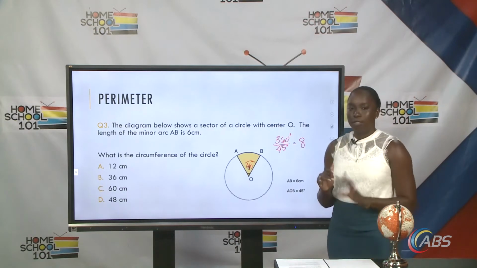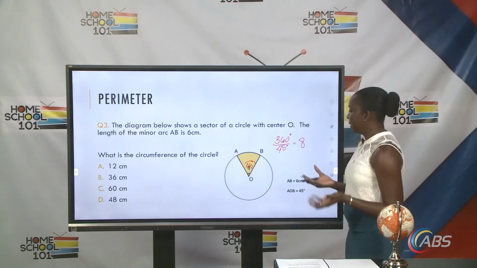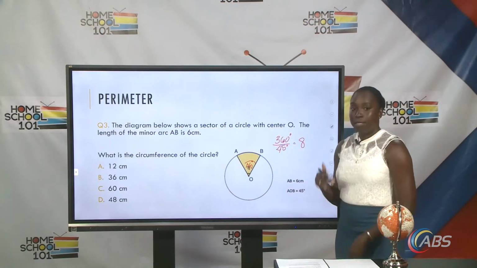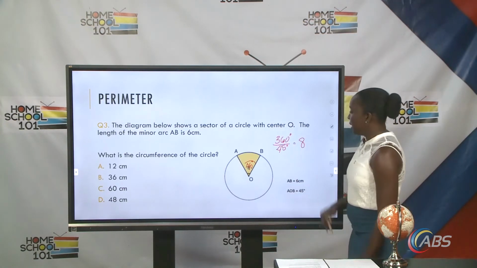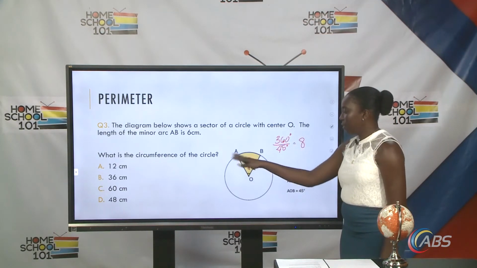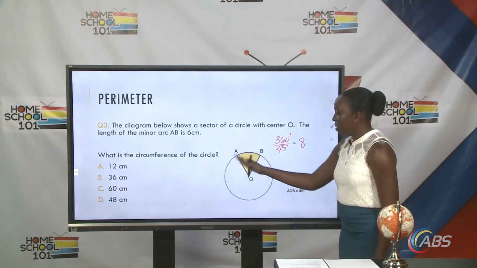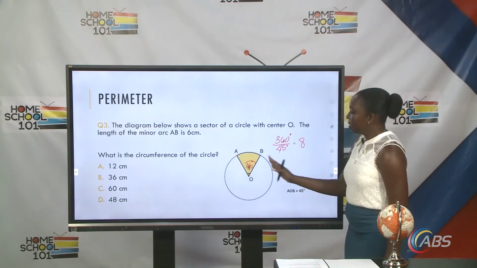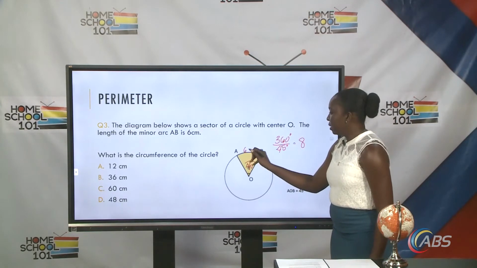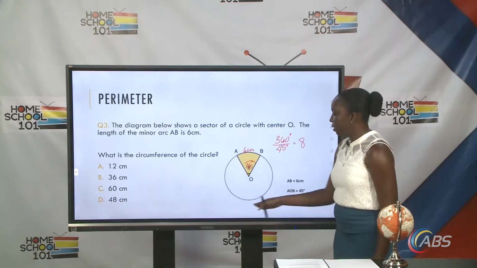So you can do a little bit of trial and error. Maybe you'll have to do a reverse thing where you multiply 45 times some number in order to get the 360. But the answer here is 8. So we know that there are going to be 8 of these yellow sectors happening within the circle. So if there's 8 of these, and they told us that AB is 6 centimeters, this is a part of the circumference.